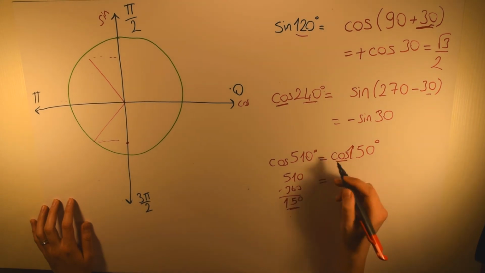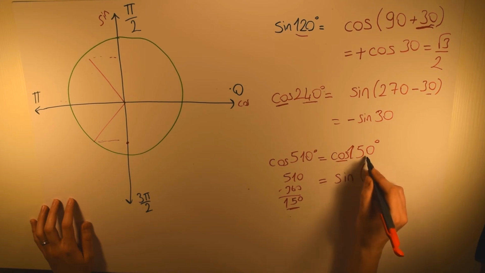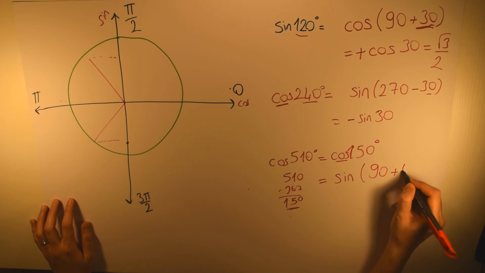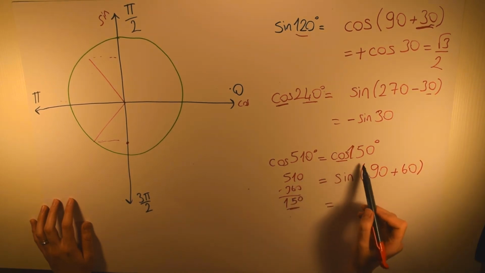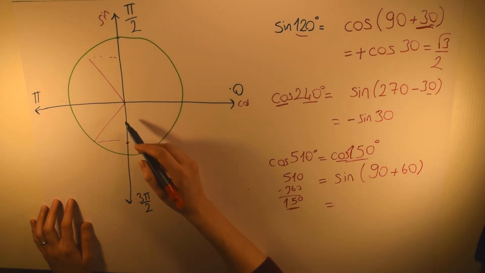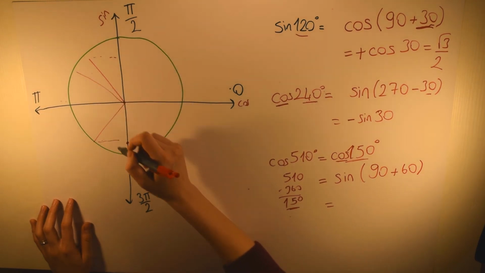Okay, so how can I write this? Cosine will become sine, right? And instead of 150, I can write this as 90 plus 60, right? Okay, so what is the sign of this angle? 150 is somewhere here, right?